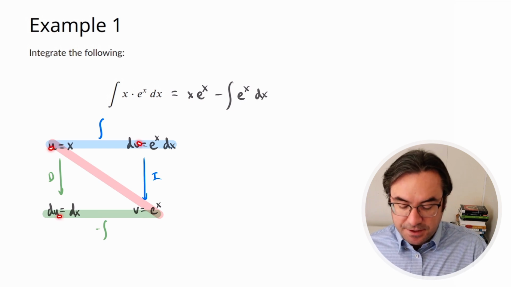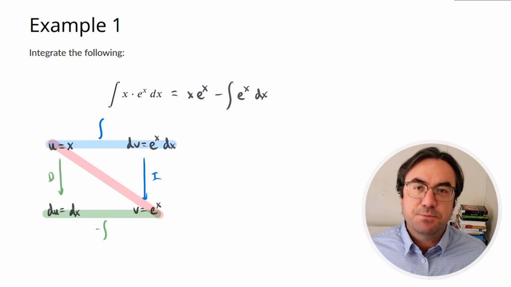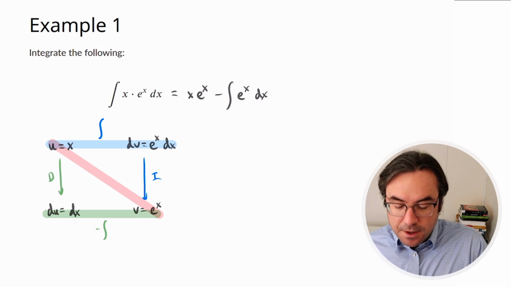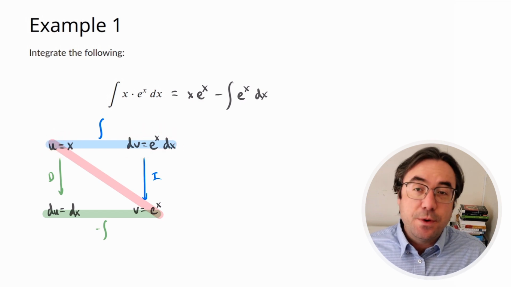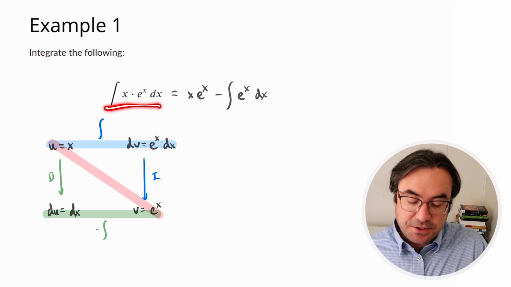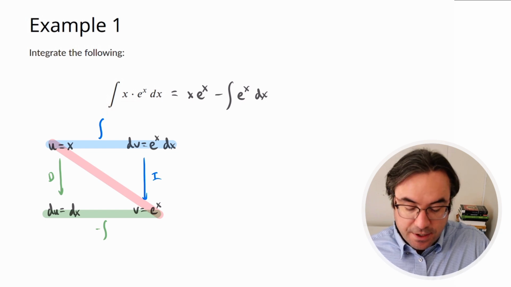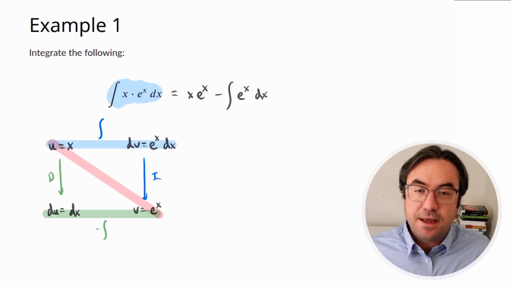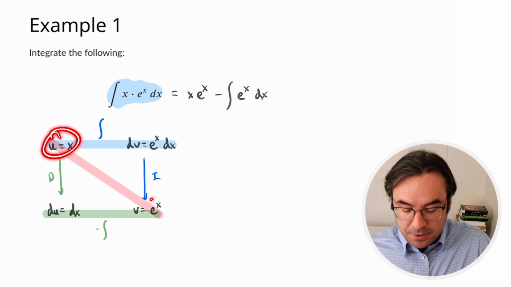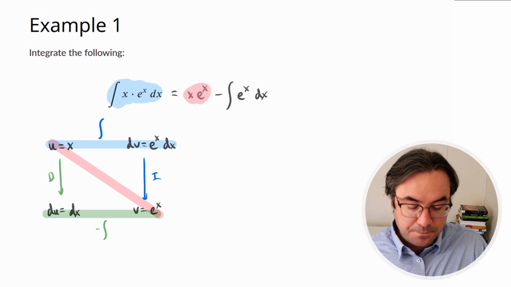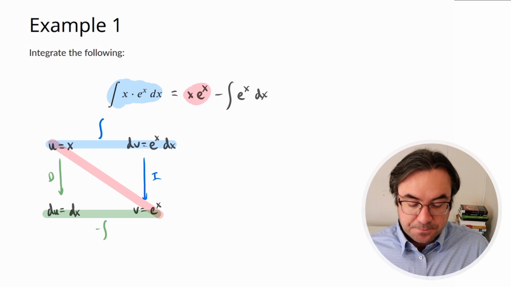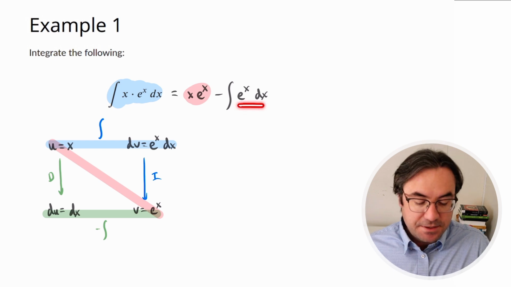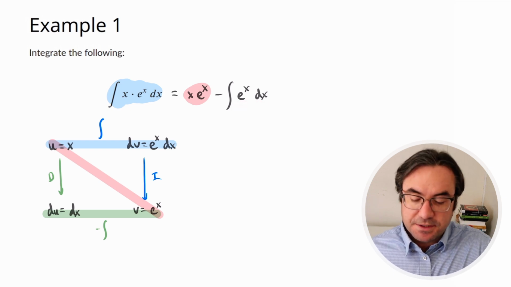So once you have these four ingredients written down in this particular order, it's like a backward Z. So multiplying the u and the dv together and integrating gives us our original integral. So that's what we're seeing right here, just our original integral. And then multiplying the x and the e to the x here, that's multiplying our u and our v. And then finally, multiplying our v and our du together and integrating is giving us this last term.